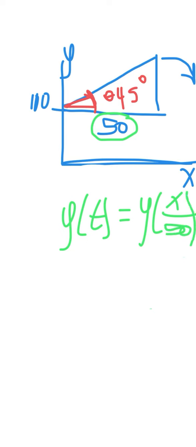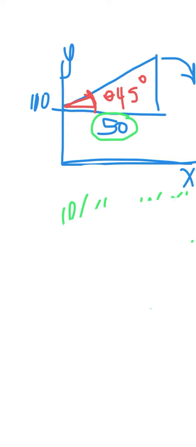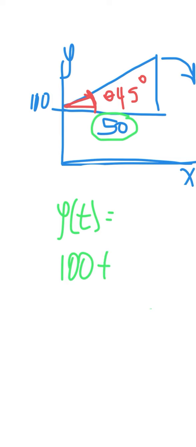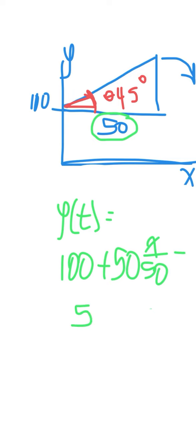So let's write out this equation. So we'll have y of t equals 100 plus 50 x over 50 minus 5 x over 50 squared.